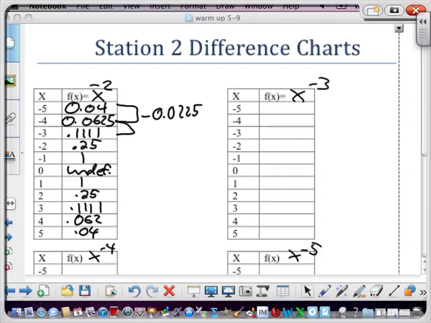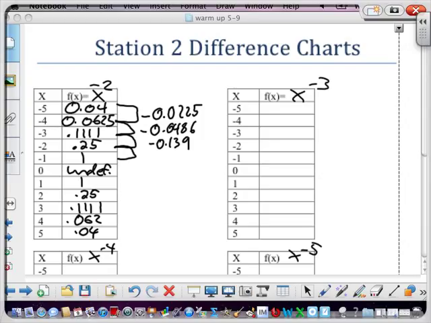Okay, then we've got 0.0625 minus 0.111 repeating. And we've got approximately, this is not 100% accurate, 0.0486. Okay? 0.111 repeating minus 0.25 gives us negative 0.139.